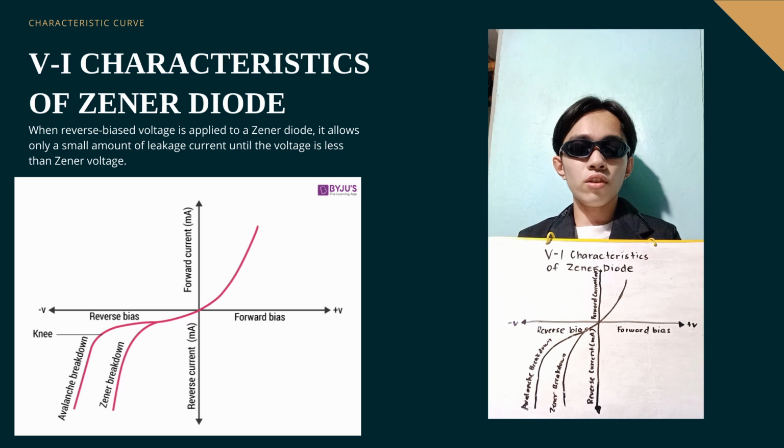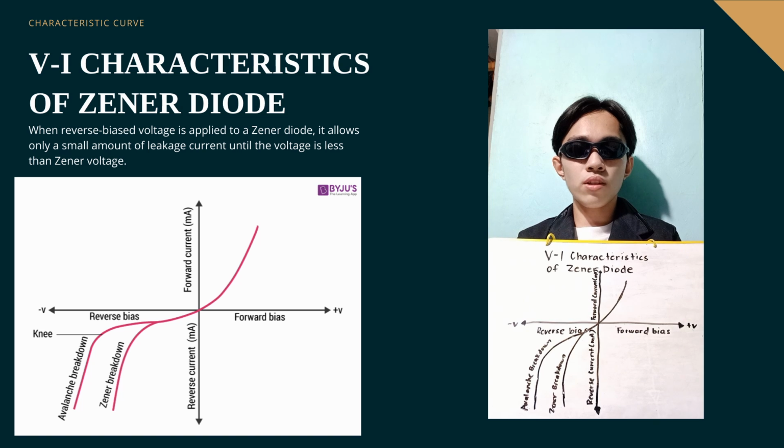The VI characteristics of a Zener diode ay nahahati sa dalawang parte. Ang una ay forward characteristics at ang pangalawa naman ay reverse characteristics. So, una nating talakayin ay ang forward characteristics of Zener diode.